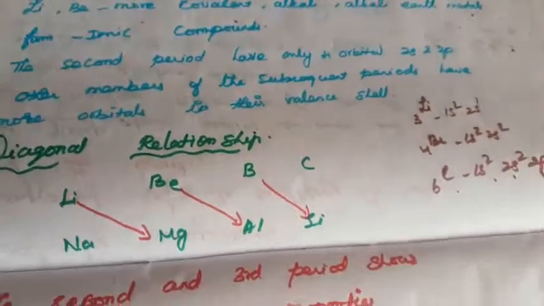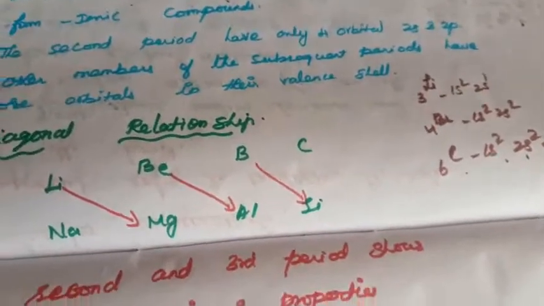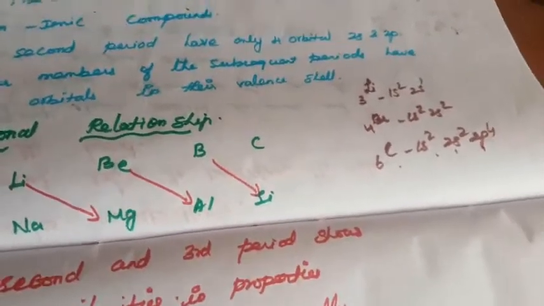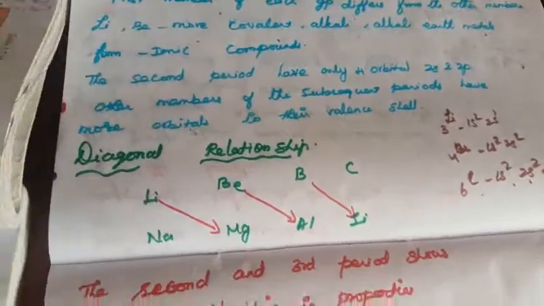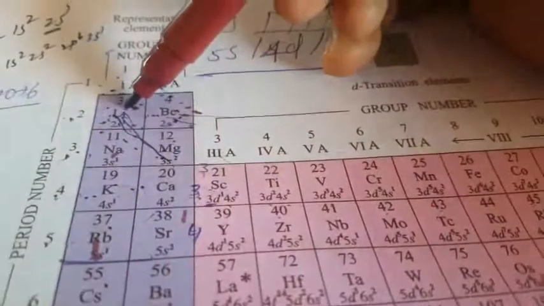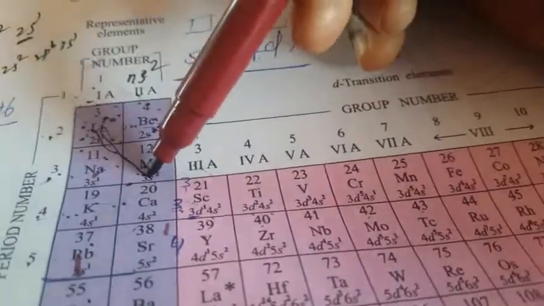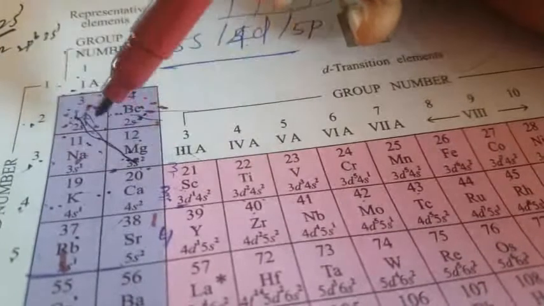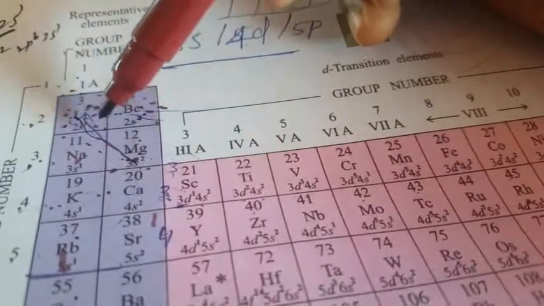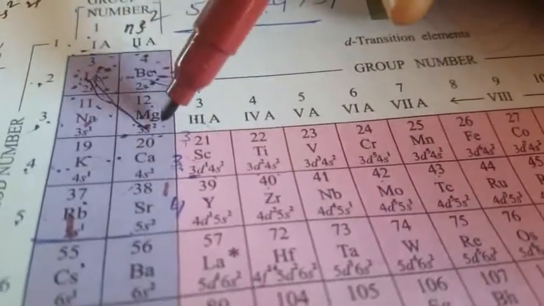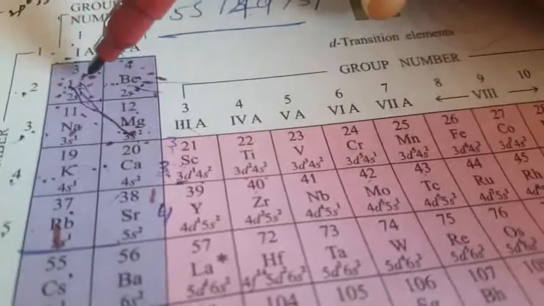Next we are going to see the diagonal relationship. What is meant by diagonal relationship? Between the second and the third period there is a certain similarity. Diagonally placed elements have similar physical and chemical properties, which is called diagonal relationship.